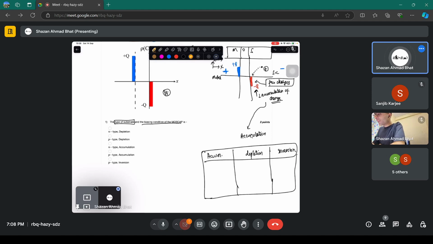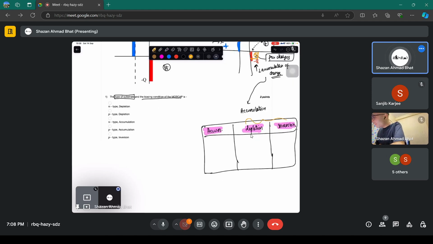The answer is because in the depletion and inversion regions, there will be a depleted charge also present here. That can either be positive or negative, depending on what type of MOS it is, PMOS or NMOS. But that is the main significant difference between an accumulation region and the depletion and inversion regions.